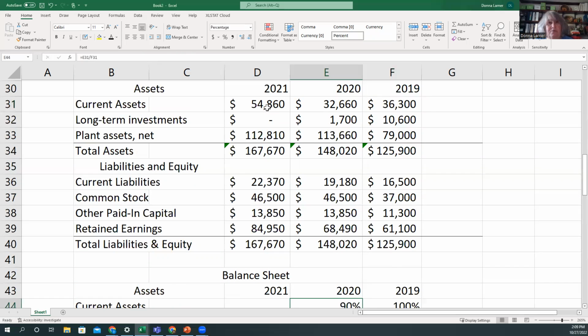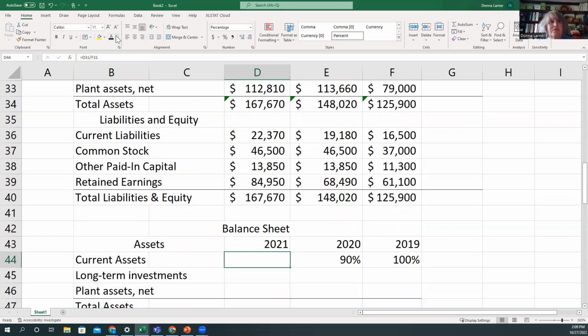Then as I look to 2021, it really jumped. I'm only going to look at the base year and 2021. And I'm going to do the division: 2021, the year I'm looking at, divided by the base year and turn that into a percentage.